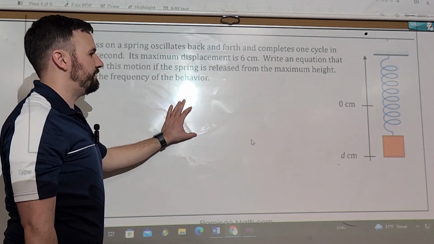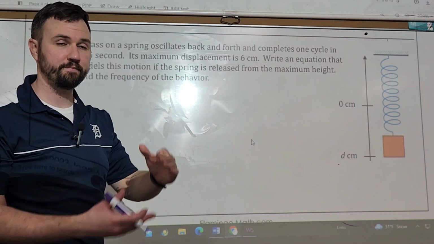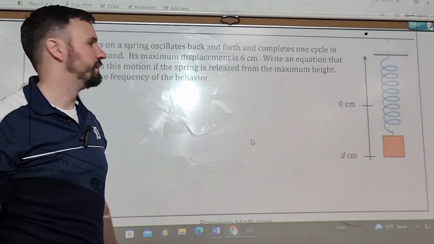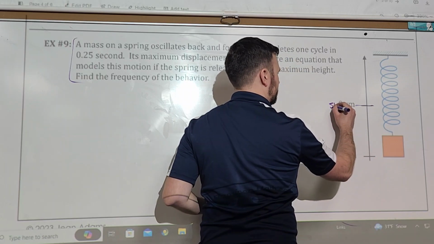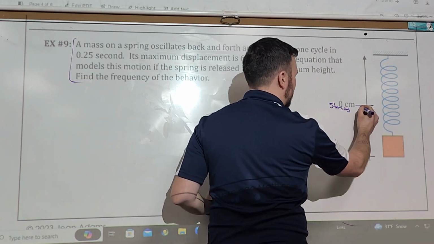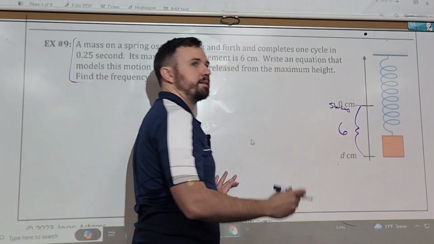So if I drop it, what does max displacement mean? That means how far it's going to go. This is where I'm starting. So if I drop it, how far down is it going to go from here? 6.